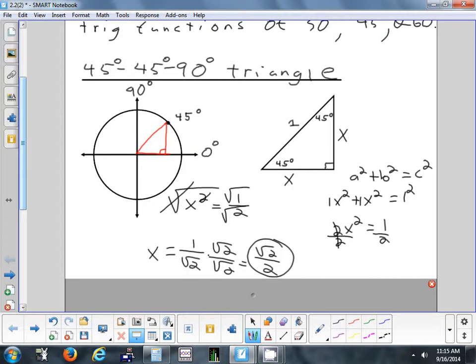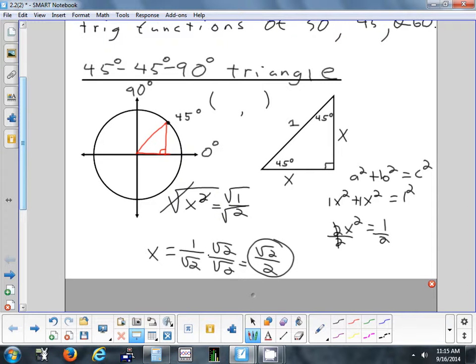So now we can write our coordinate for 45 degrees. Okay, Amy, how long is the base of that red triangle? Keep in mind, this red triangle is that triangle right there.